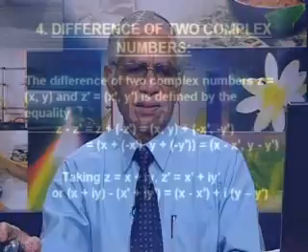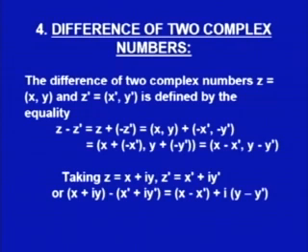Now, after this we shall define the difference and the division of two complex numbers. The difference of two complex numbers z equal to (x, y) or x plus i y and z' equal to (x', y'), that is x' plus i y', is defined by the equality that z minus z' equal to z plus (minus z').